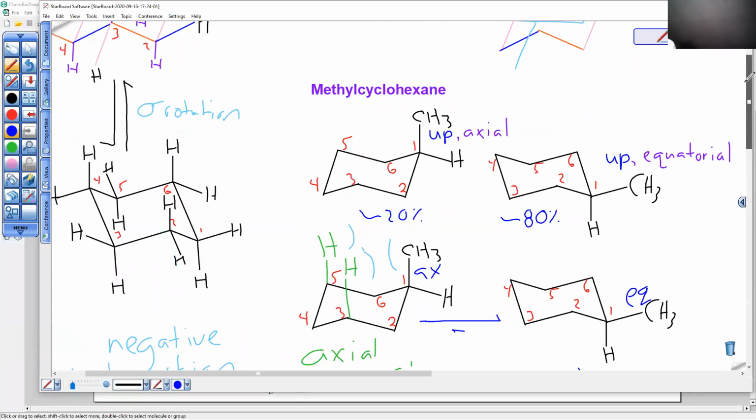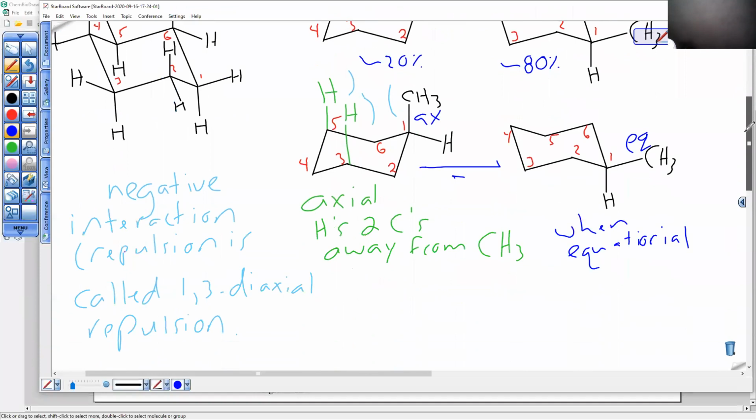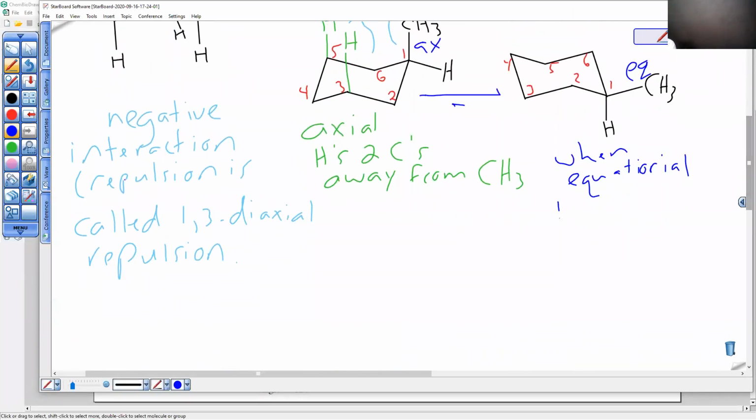Just remember we had them up here, EQ and AX. When equatorial, there is no 1,3-diaxial repulsion. I want you to get used to saying this phrase, 1,3-diaxial repulsion.